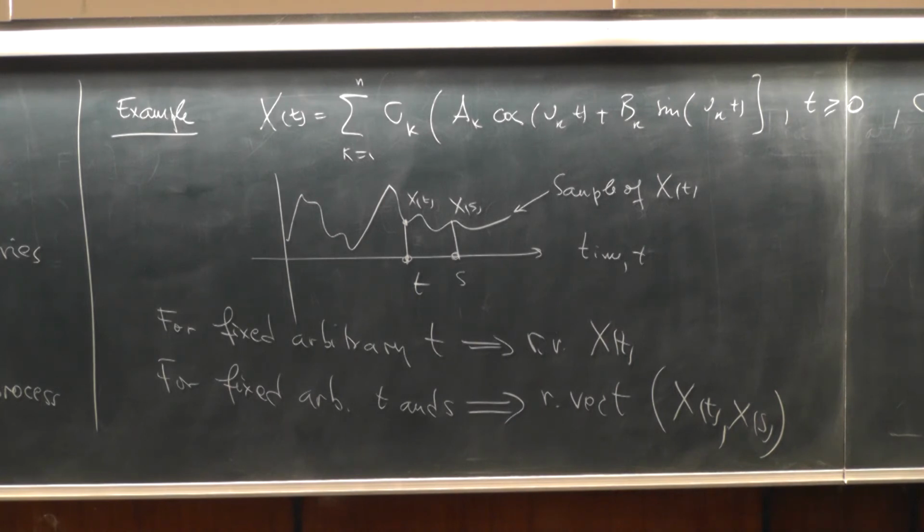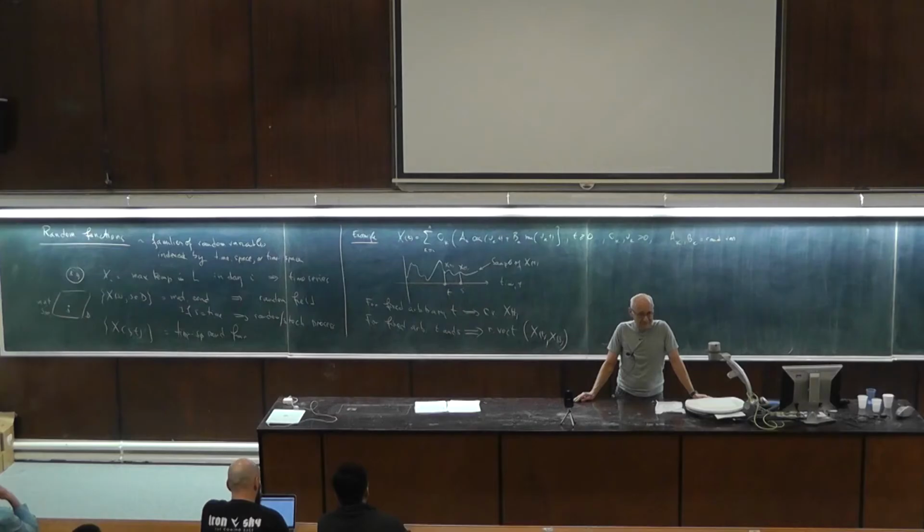So guess what I'm going to do next. Do we know how to calculate the mean of a random variable? Do we know how to calculate the mean and covariance matrix for a random vector? Of course we do. So why don't we do it then?